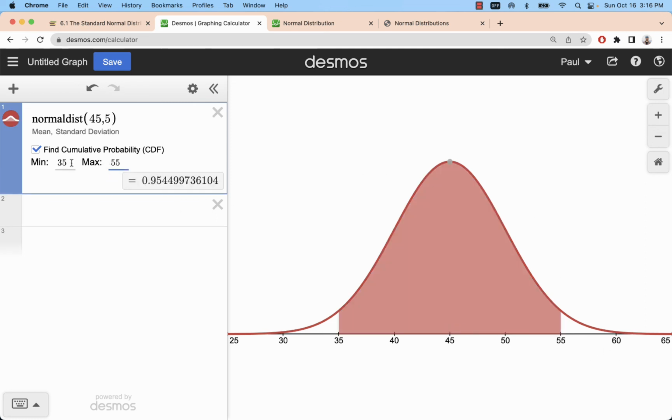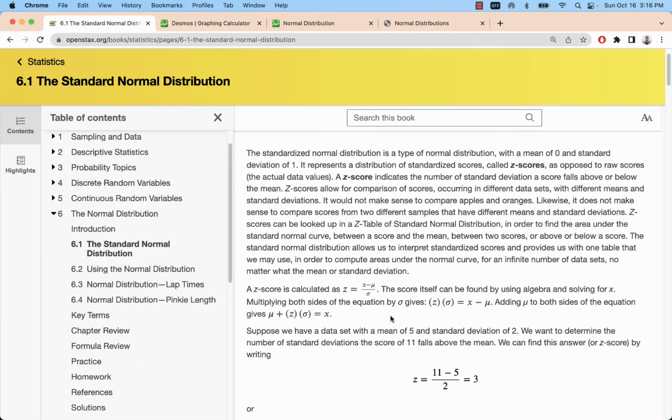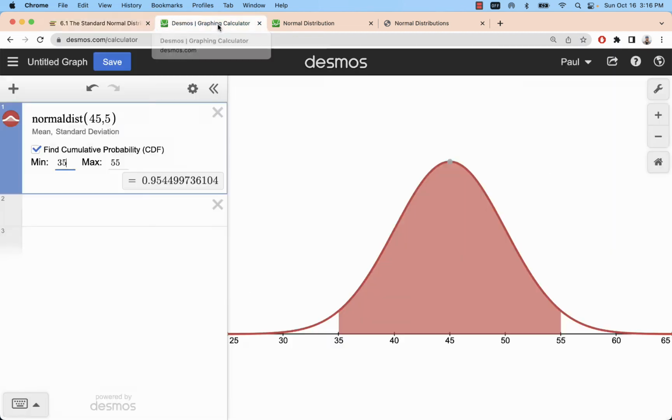There we go. And the formula that we have is in the book. It's mu plus z times sigma, or if you're finding z, you can solve that for z. So we're doing 45 minus 2 times 5, 45 minus 10, and then plus 10. Same thing, 95% within those 2 standard deviations.